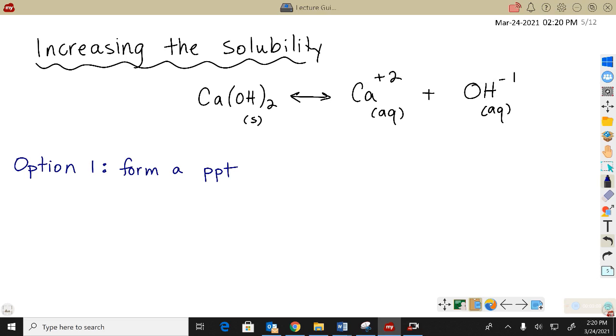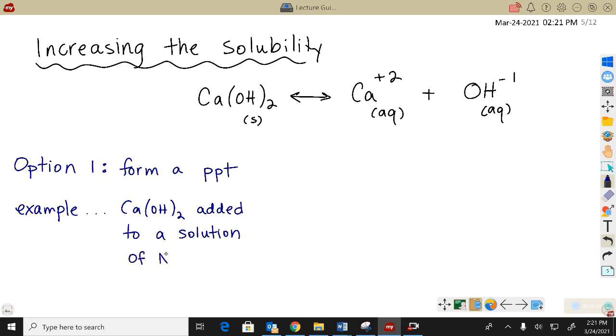So for example, in this case, what if I add that calcium hydroxide to a solution of, how about some sodium carbonate? What if I take that calcium hydroxide and I don't dissolve it in water? What if I dissolve it in a solution of sodium carbonate?